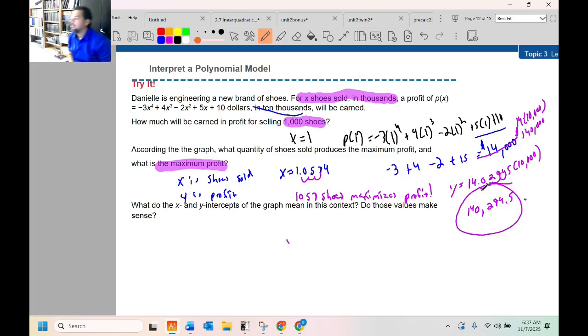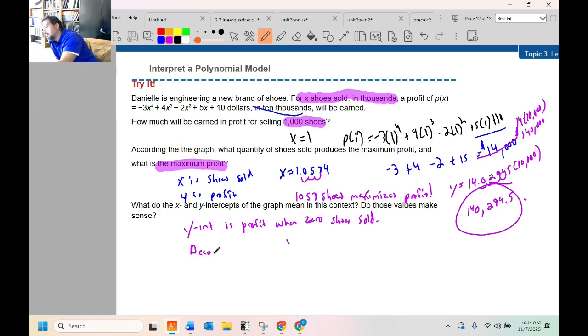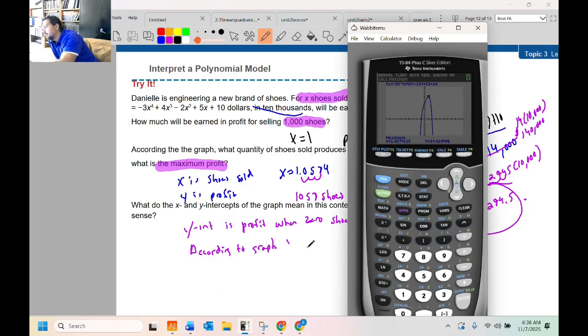All right. What do the x and y intercepts of the graph mean in this context? Well, the y-intercept is the profit when 0 shoes are sold. Now, according to the graph, there's profit when we don't sell any shoes.